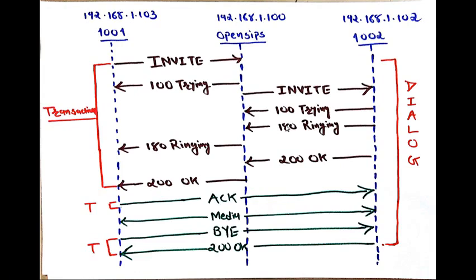We haven't understood each and every header in the SIP messages. We will understand that part also, but we will do it in different videos, because it will take time to understand all the headers. Now we just start with the basic call flow, meaning what is happening when you call from one extension to another extension. So we try to understand that part only in this video.